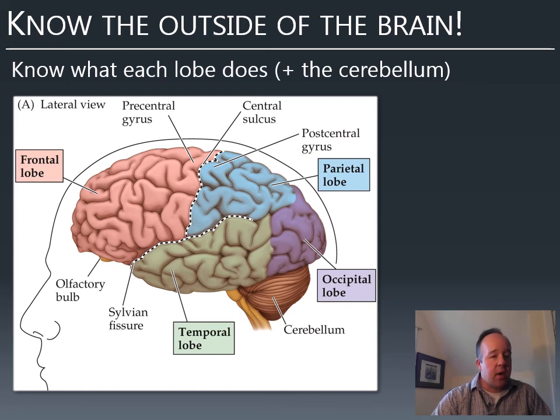So perhaps it's this picture, but with the words all removed. You don't need to know all the structures on this diagram. Know what the lobes are. Know what each one does. And this is not one of the lobes, but it's depicted here, so I'll mention it. Understand the cerebellum. Know what the cerebellum does. Be able to identify it in a picture.